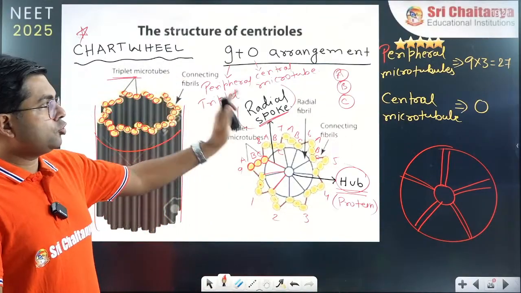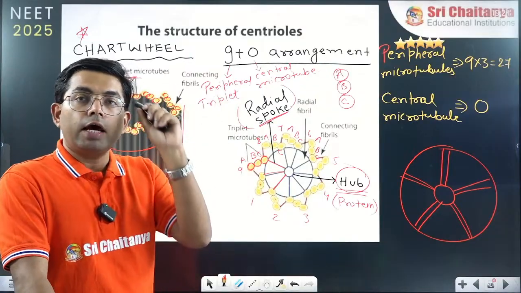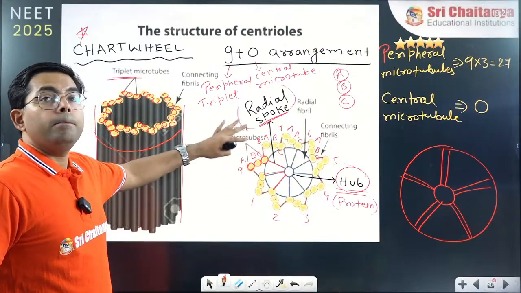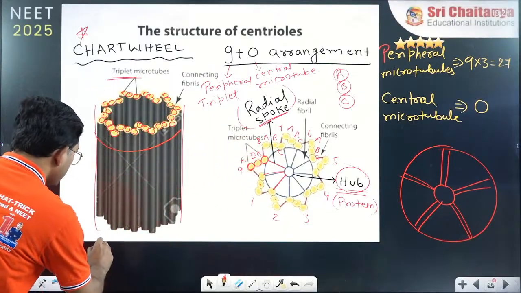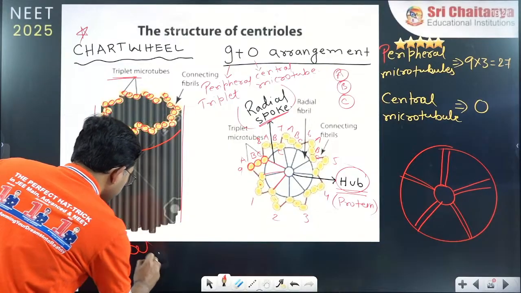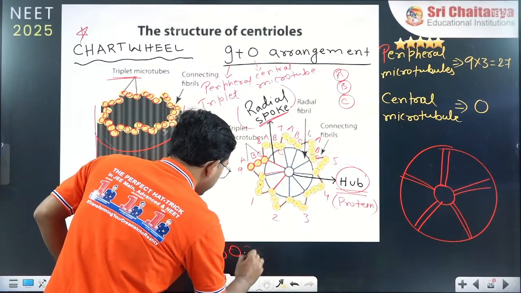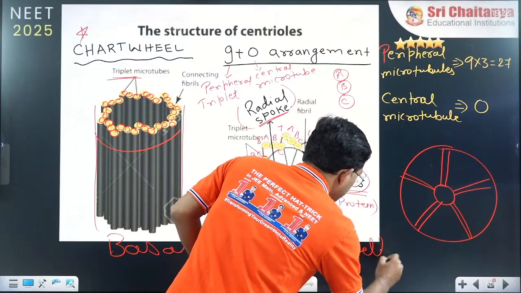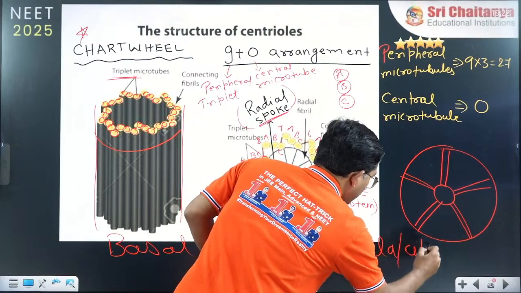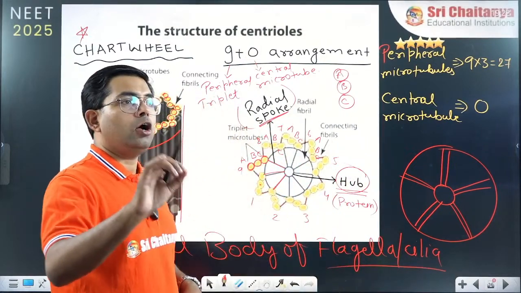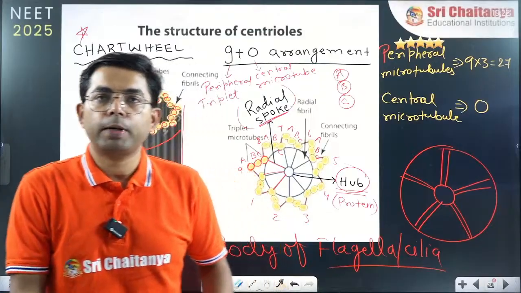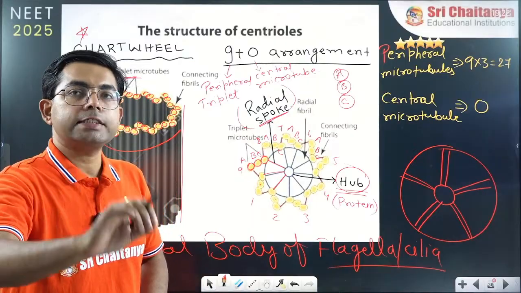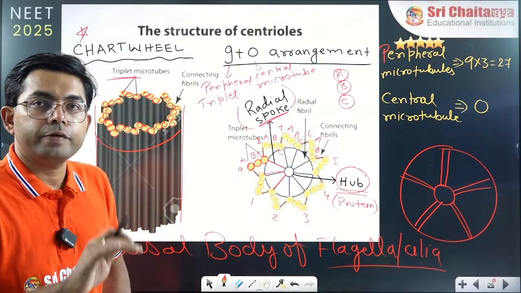If these 2 points are totally clear, then one more point you have to understand: the centriole forms the basal body, the basal body of flagella or cilia. Now if I ask you, the basal body of flagella or cilia has what arrangement of microtubules?